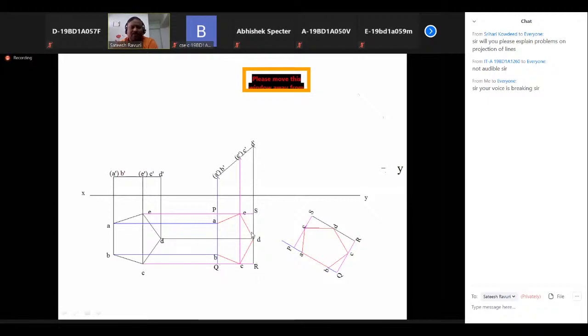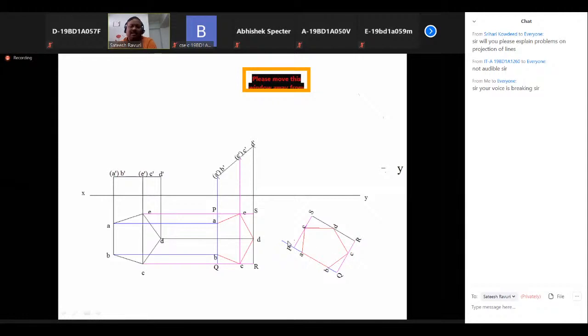Around it, we have drawn a rectangle PQRS. PQ is perpendicular to XY. Even SR is also perpendicular to XY. Whereas PS and QR are parallel to XY.